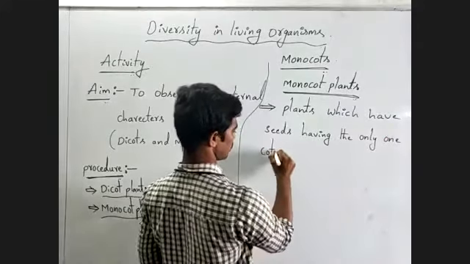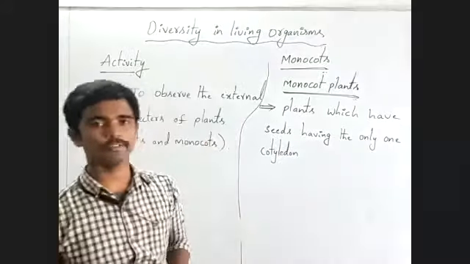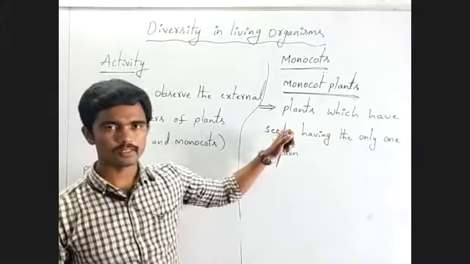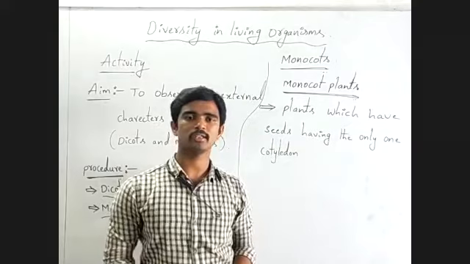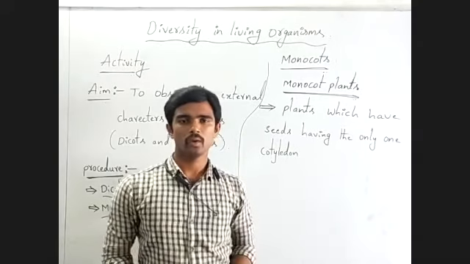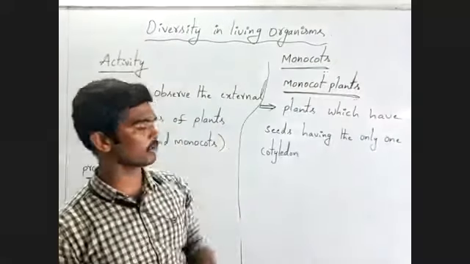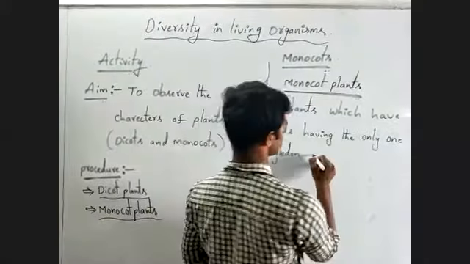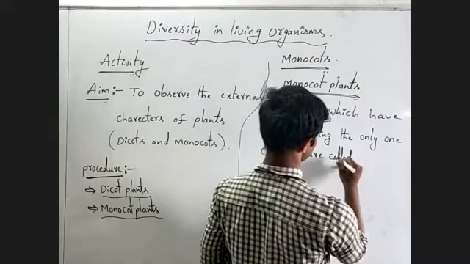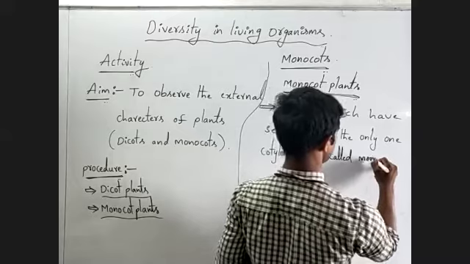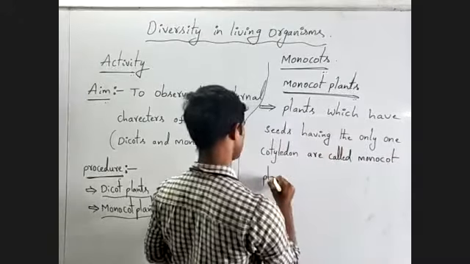One cotyledon. Observe carefully. Plants which have seeds having only one cotyledon are called monocot plants.